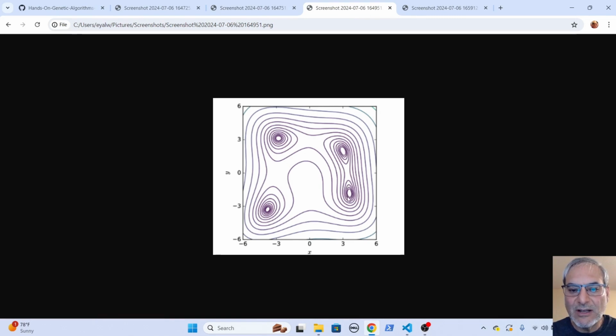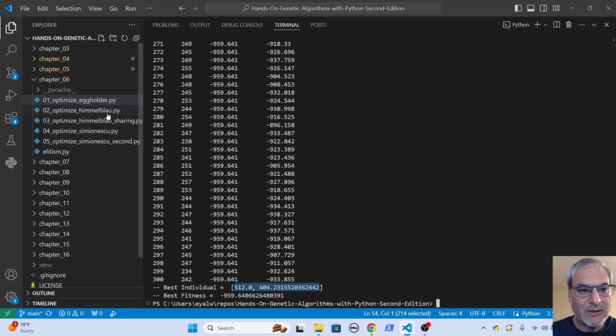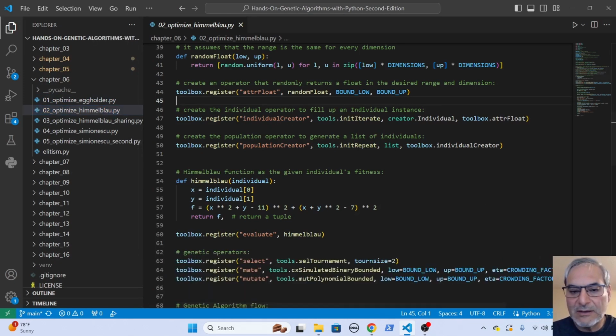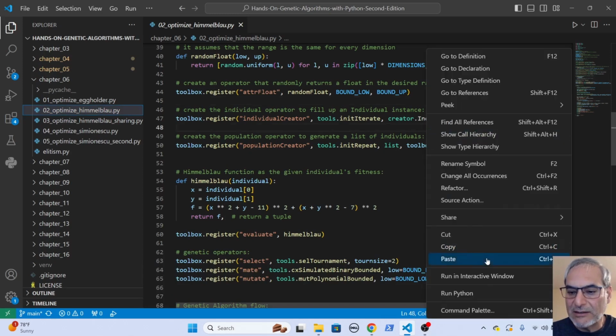These are the 4 points, and sometimes it's enough to find one of them, and sometimes you might want to find all of them. So if we run a very similar program to the egg holder, just changing the function, and maybe the range, we will likely find one of them.